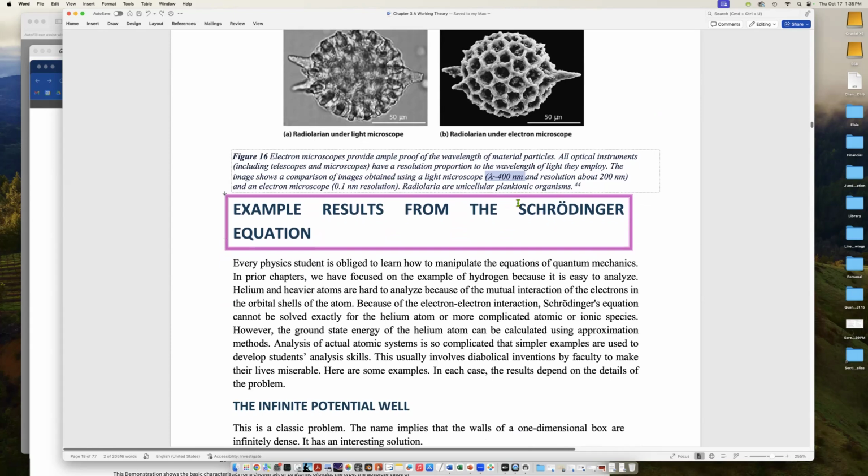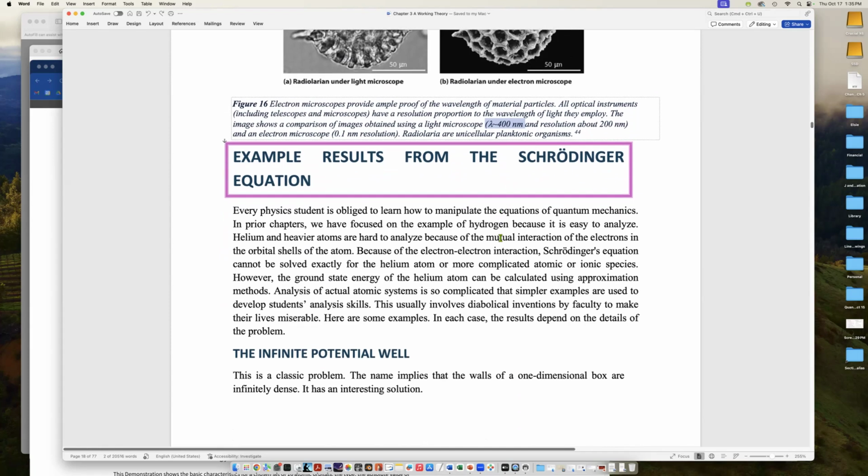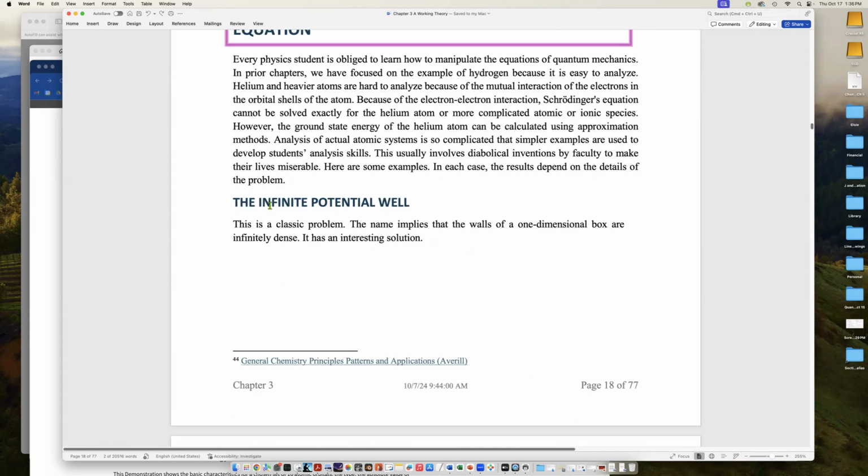So let's take a look at solutions to the Schrodinger equation. Remember, the Schrodinger equation by itself is just an abstract approach to manipulating the wave function, or solving for the wave function. But we need to know the environment in which we are working. And the first one that physics students learn is this one.